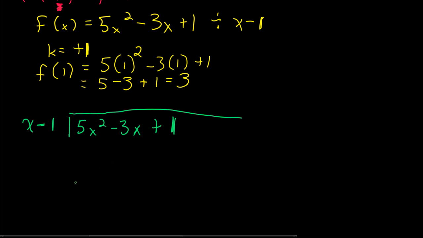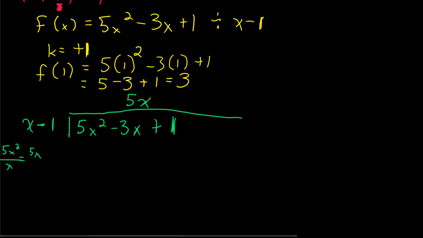Well, we're going to verify it here. So I make sure my exponents go in descending order. And I focus on my leading terms. So 5x squared divided by x is going to give me 5x. So my first part's 5x. And I'm going to multiply this to each term here.